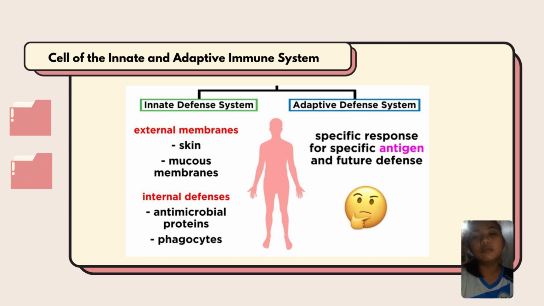This can be proteins, polysaccharides, lipids, any large molecule that doesn't belong. Pathogens also have surface proteins that can be recognized as part of the foreign substance. The parts that interact with the immune system are called the antigenic determinants.